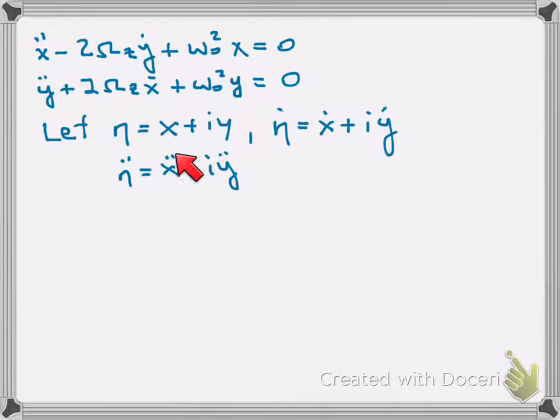These are our solutions for x and y. And the y is going to be multiplied by i to put it on the vertical imaginary axis, and the x is along the real axis of the complex plane. Then if we take time derivatives, we just get eta dot is x dot plus i y dot, and another derivative would be eta double dot equals x double dot plus i y double dot.